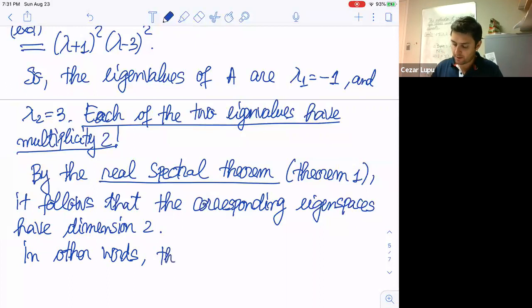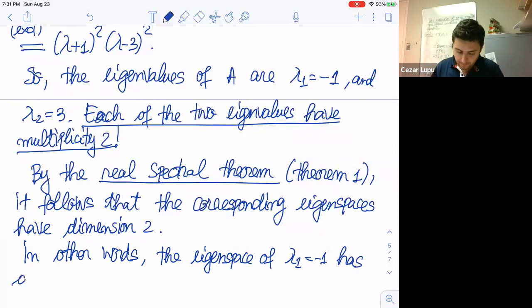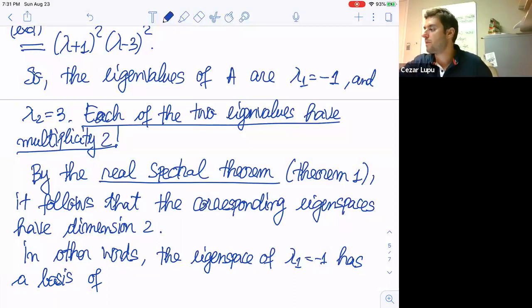the eigenspace of lambda 1 equals -1 has a basis, and I think I computed the basis here somewhere.